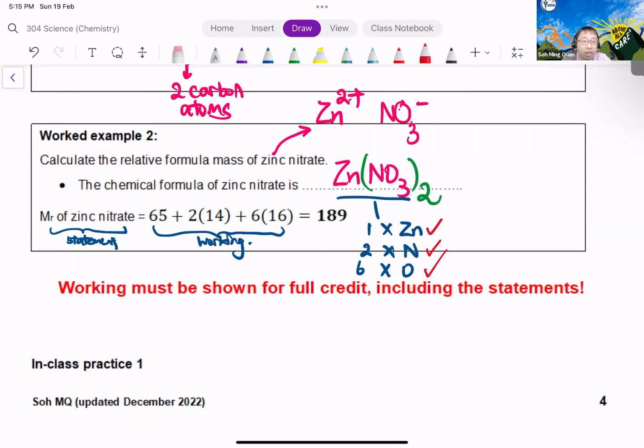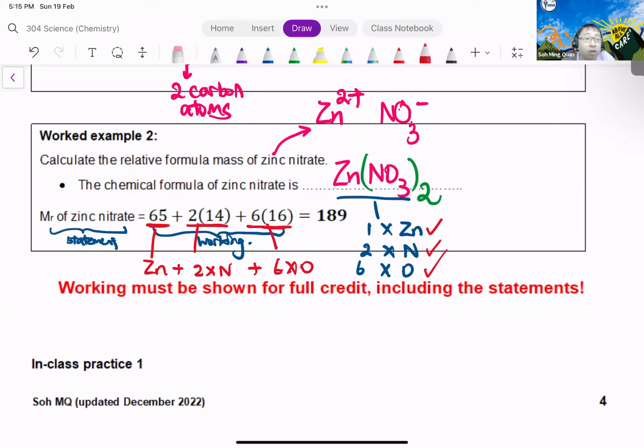So you must count properly and ensure that when you calculate your Mr, you add them up properly. So this is 1 zinc, 2 nitrogen, 6 oxygen. You have to add up. That's why you see 65 plus 2 times 14 plus 6 times 16.